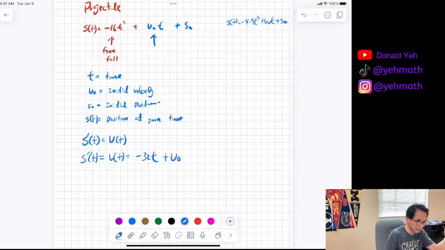Because the derivative of t squared is 2t, 2 times negative 16 is negative 32. The derivative of t is just 1, so you get v0. So what is v of t? v of t is called instantaneous velocity.